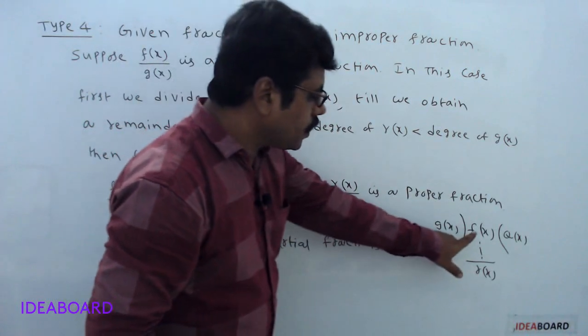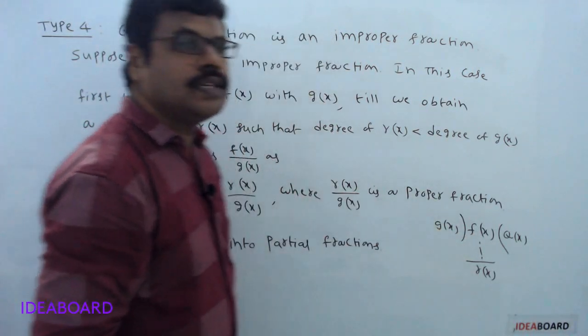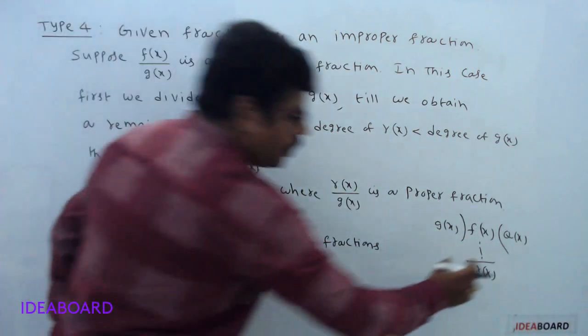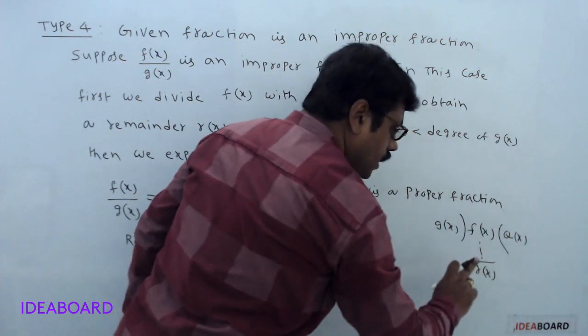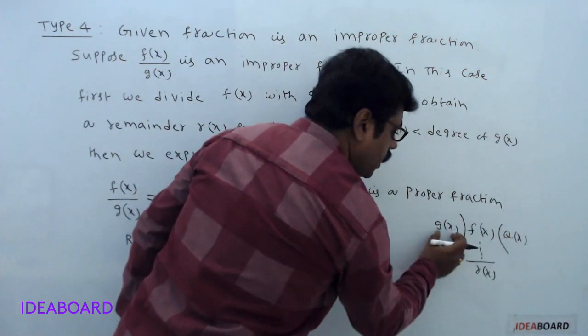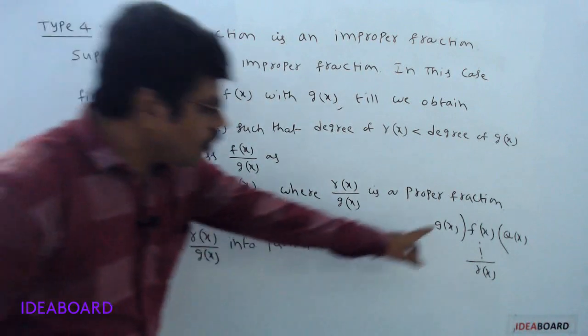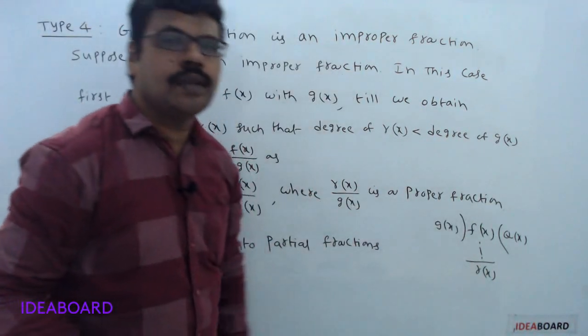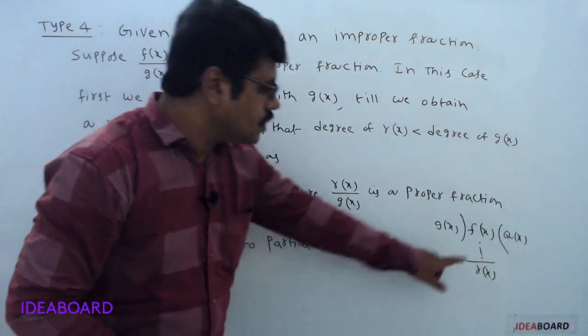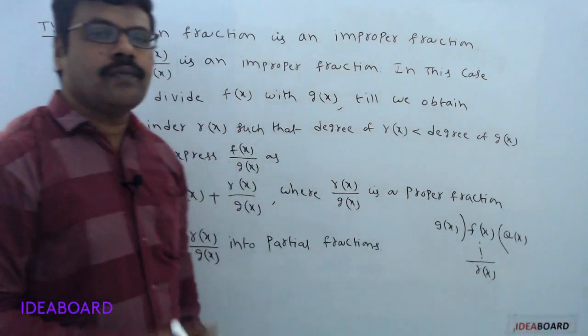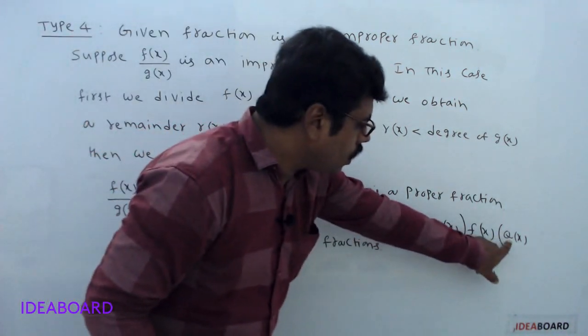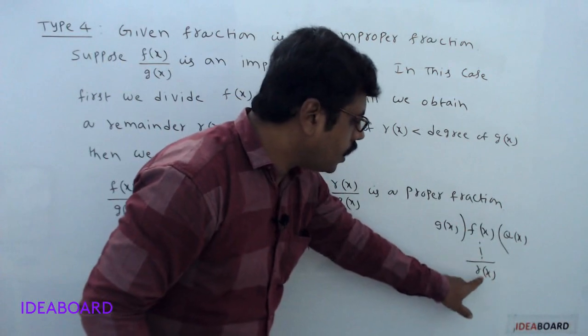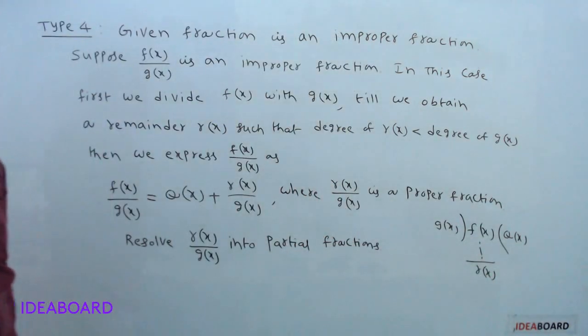Then we express f(x) divided by g(x) as q(x) plus r(x) divided by g(x). So after completion of this division process, we express f(x) divided by g(x) as q(x) plus r(x) divided by g(x).